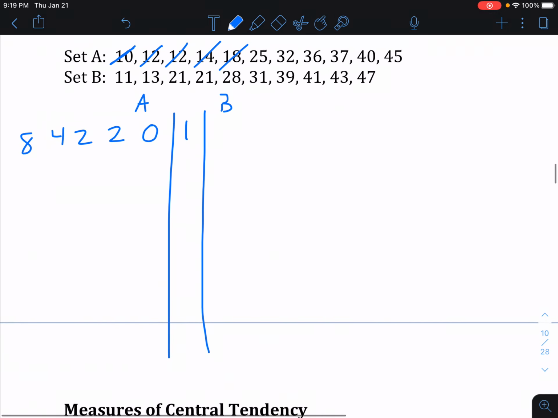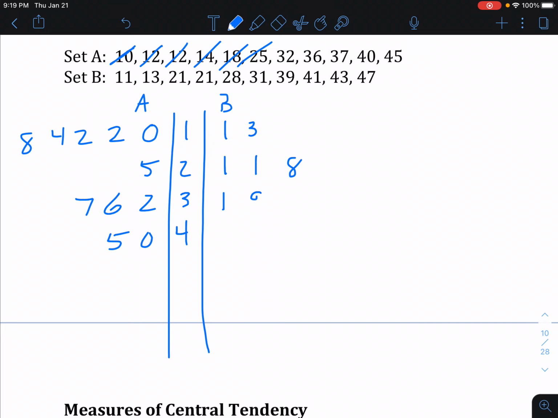I also have 25, 32, 36, 37, 40, and 45. So now I go to set B, 11, 13, 21, 21, 28, 31, 39, 41, 43, and 47.